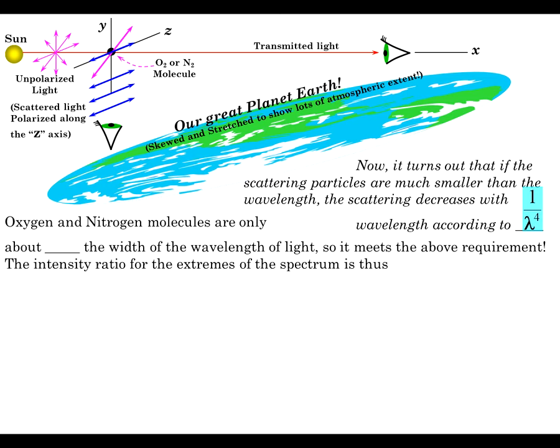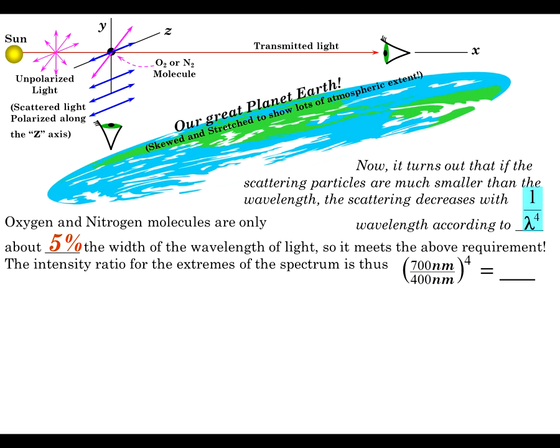So as the wavelength gets smaller, that factor raised to the fourth makes this a very large number. Now, oxygen and nitrogen molecules are only about 5% the width of light, the extent of light. So it meets the first requirement, that it is effectively scattered, according to this relationship.